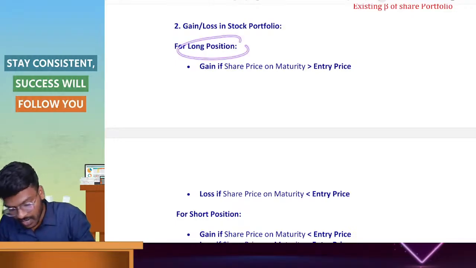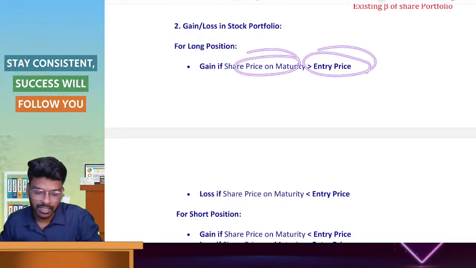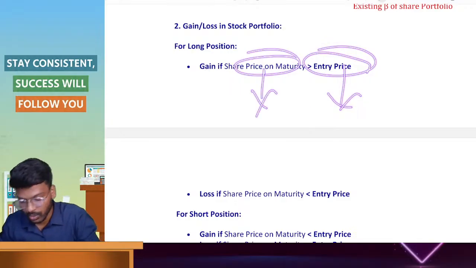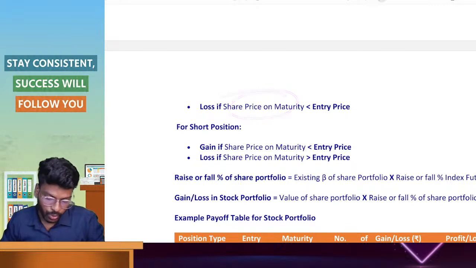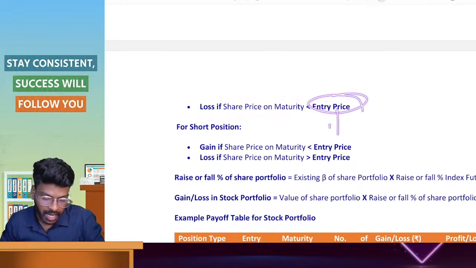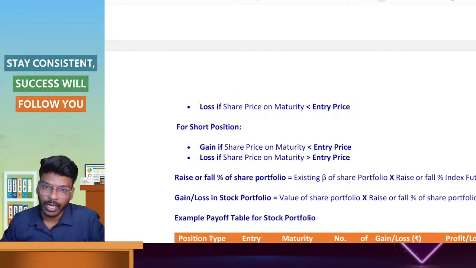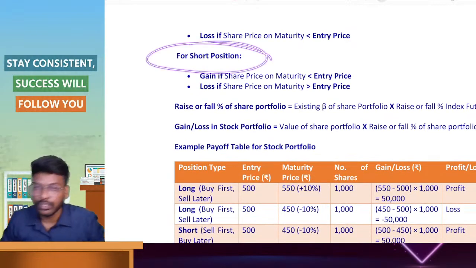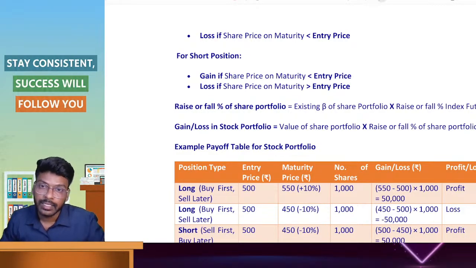In case of long position, if maturity price is more than the entry price, this is cost, this is selling price, so you will get a gain. In case maturity price is lower than the entry price, cost is more than the selling price, then you will get a loss. In case of short position, entry price is my selling price.